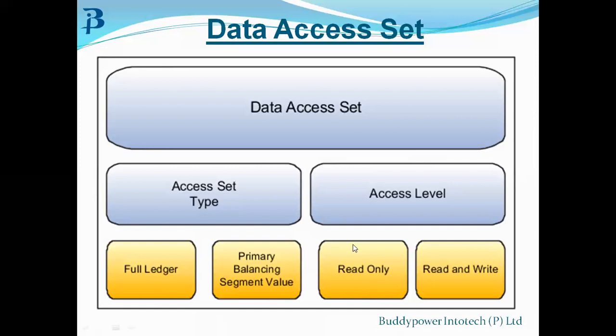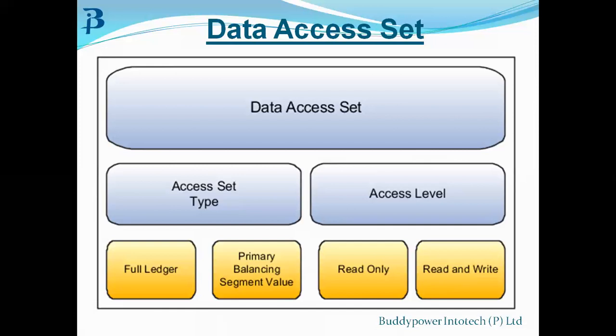And here in the figure you can see that a data access set consists of an access set type and an access level. The access set type can be set to full ledger or primary balancing segment values. The access level can be read only or read and write.